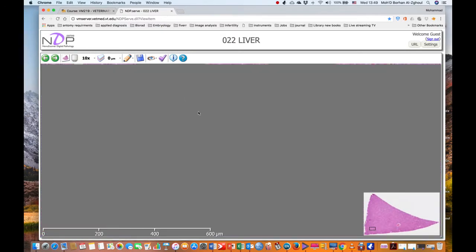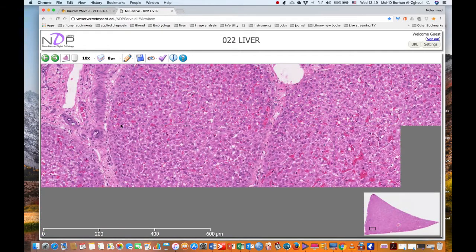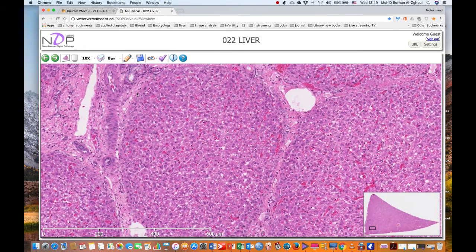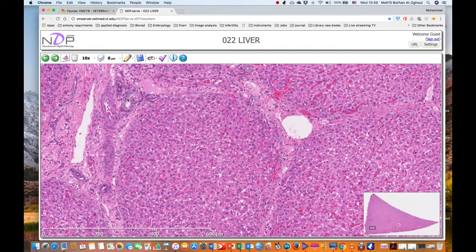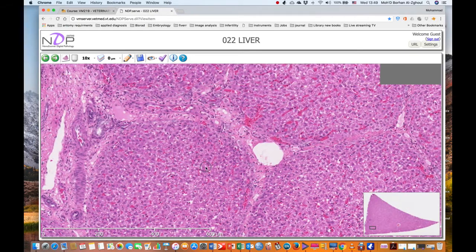The lining of this bile duct is usually simple cuboidal epithelium, whereas the arteriole, here's the arteriole, is surrounded by simple squamous. Here the venule is surrounded by simple squamous epithelium.